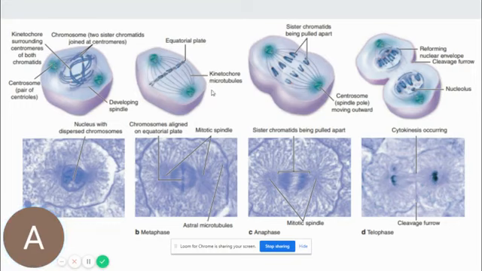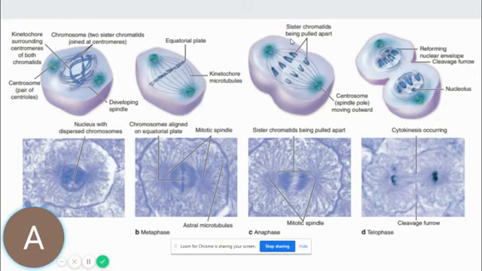Then you have metaphase, where the chromosomes are lined up in the center, in the equatorial plate, so that when the cell splits, the DNA material will be distributed equally between the two daughter cells.